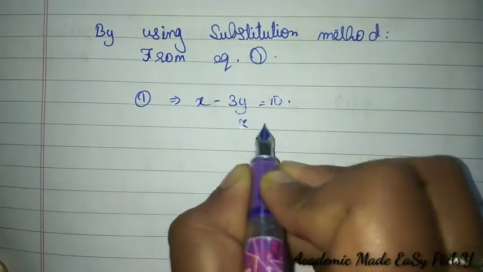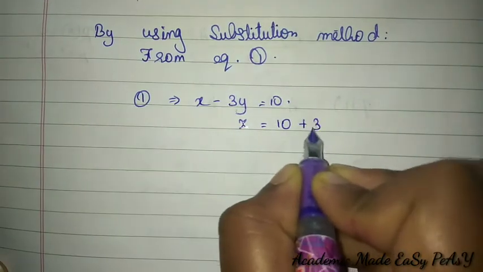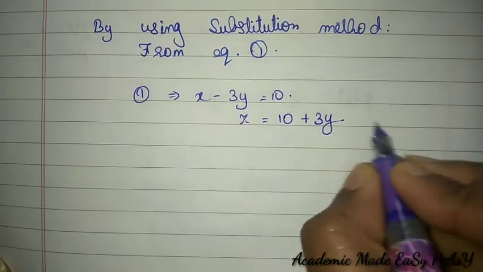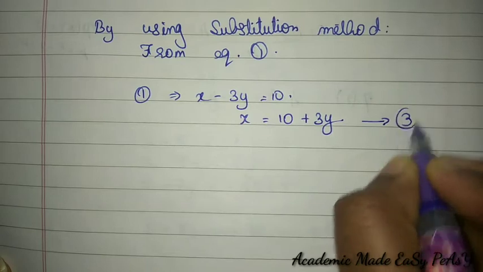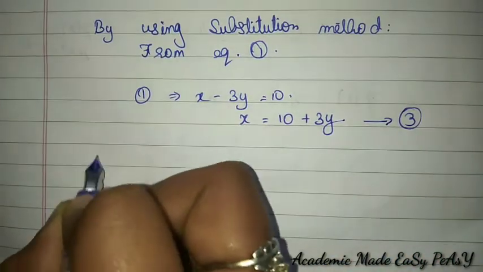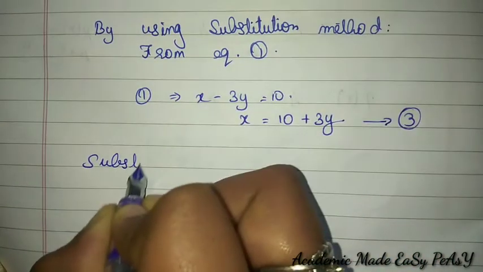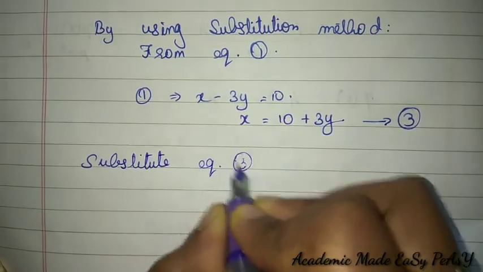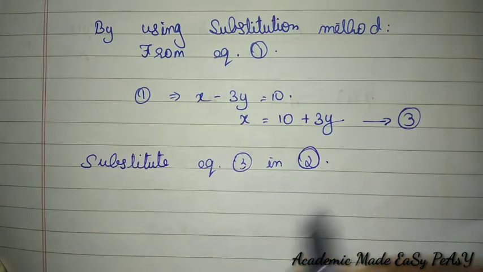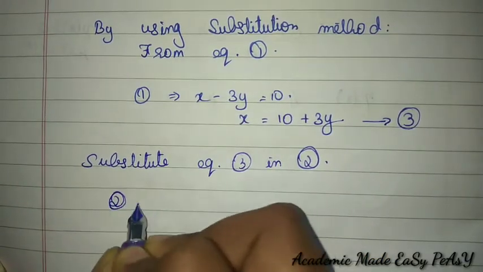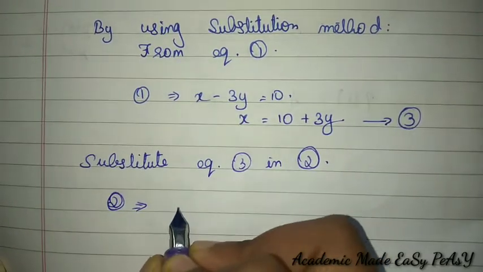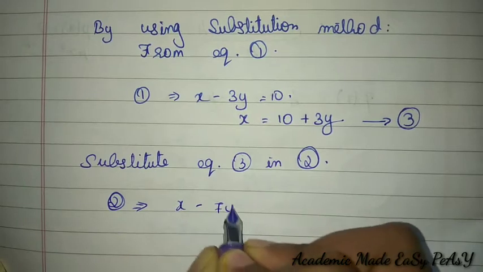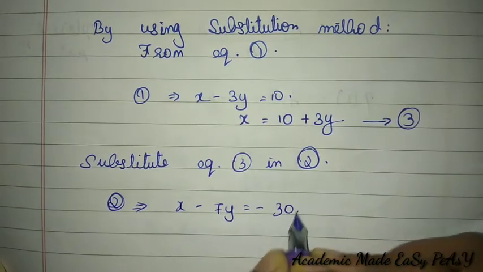So my x is equal to 10 plus 3y. So let this be equation 3. So now I will substitute equation 3 in equation 2. So what is my equation 2? Equation 2 implies x minus 7y is equal to minus 30.